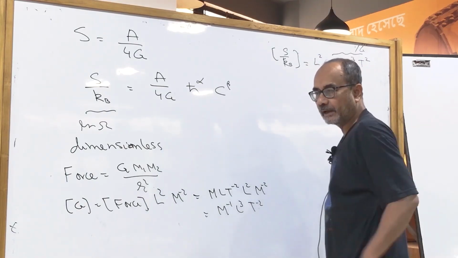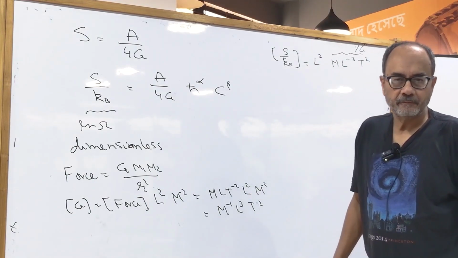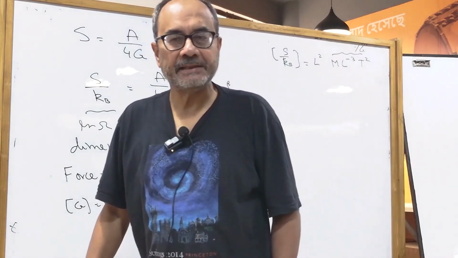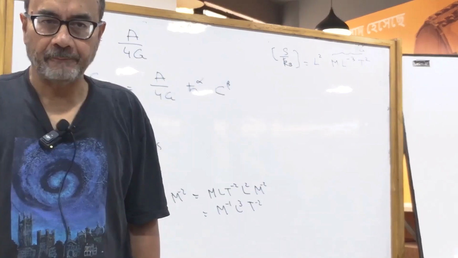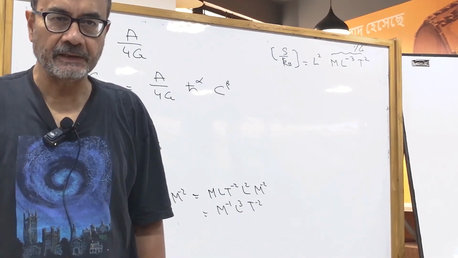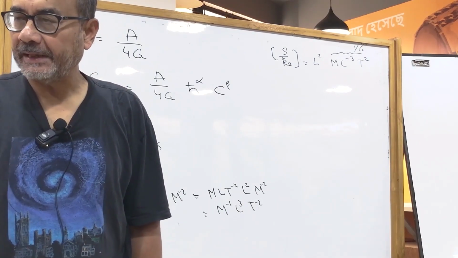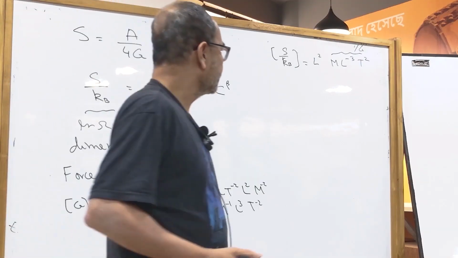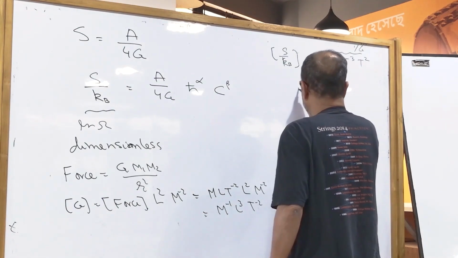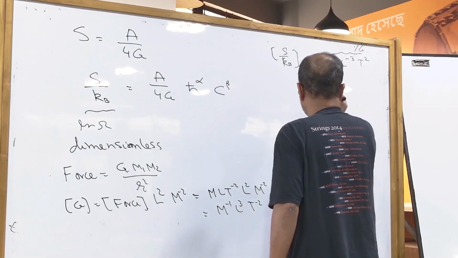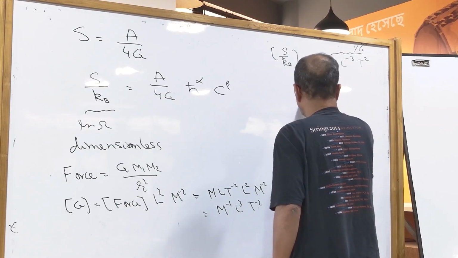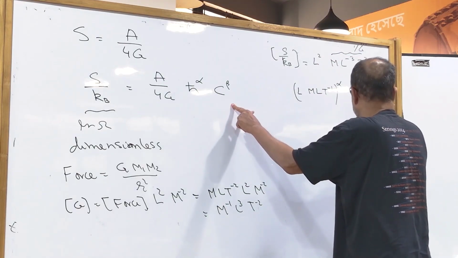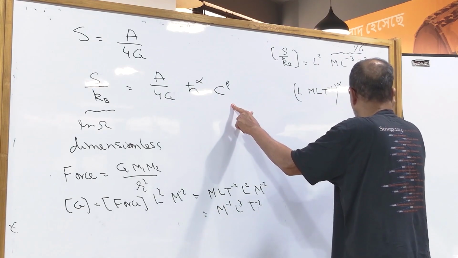What is the dimension of H bar? Energy type or position momentum, either one will do. If you use position momentum, then it's L times momentum, which is m L t to the minus 1. So, H bar has dimension L times m L t inverse to the power alpha, and C to the beta, C is L over time, L t inverse to the power beta, right?